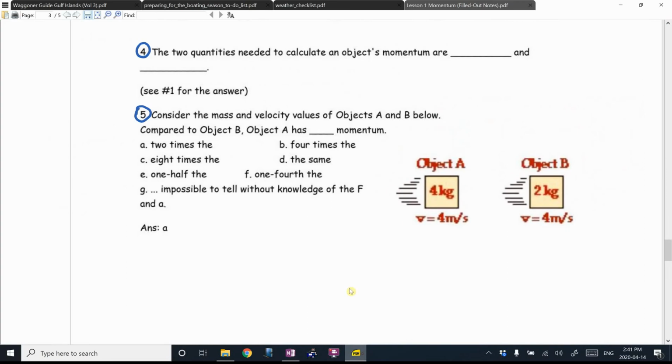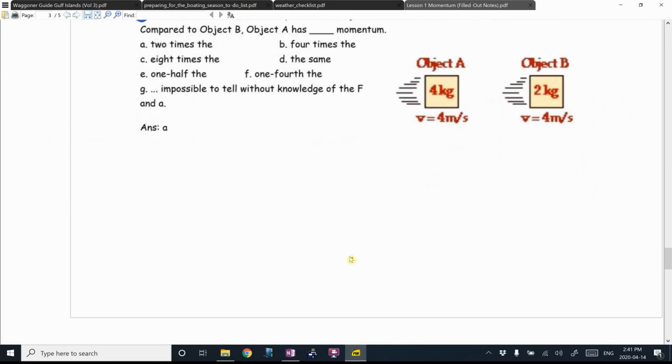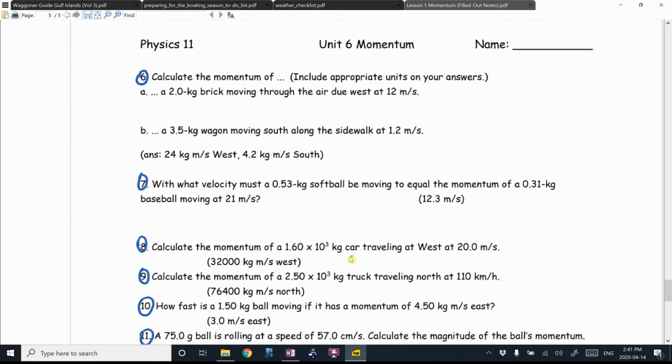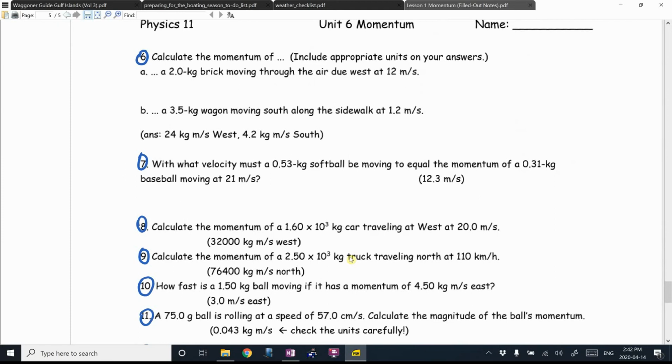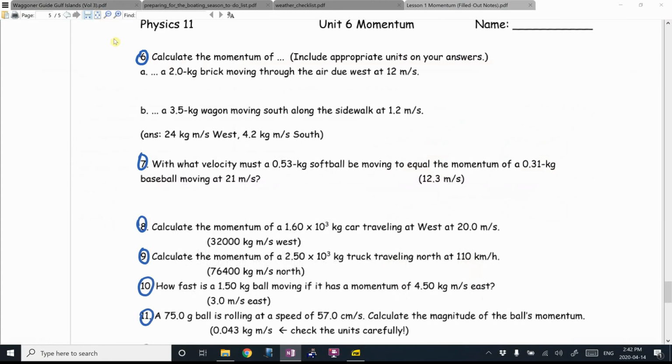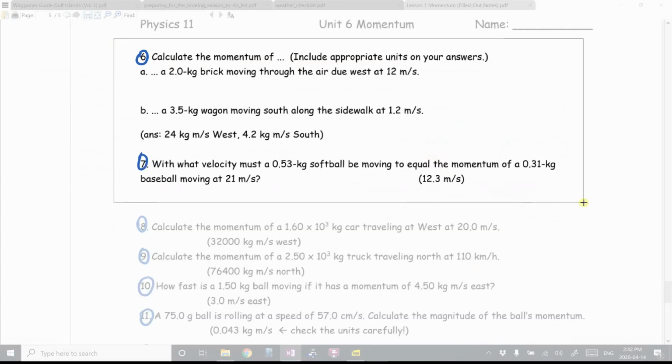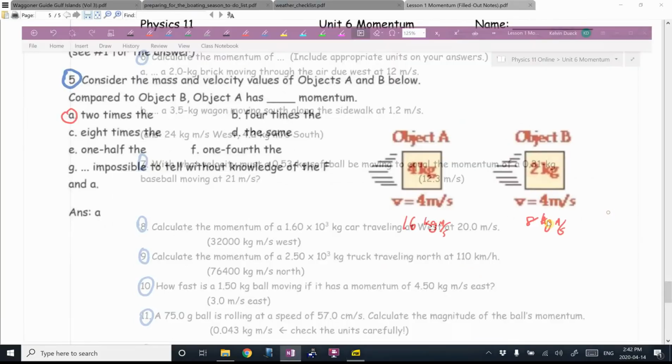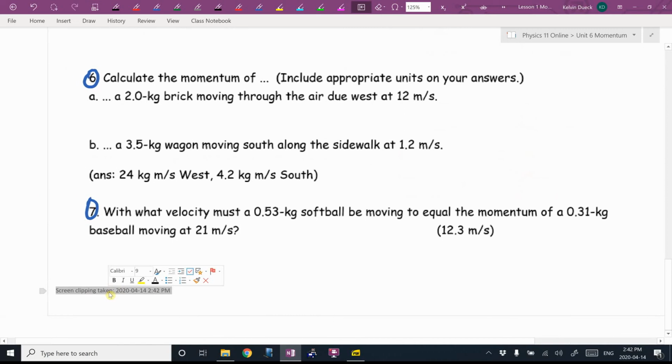Number 6. Let's do 6 and 7. I think I can fit these without needing extra room. So number 6 says calculate the momentum of a 2 kilogram brick moving through the air.